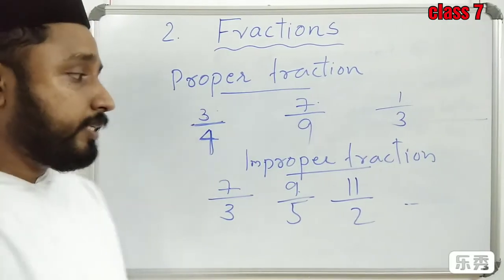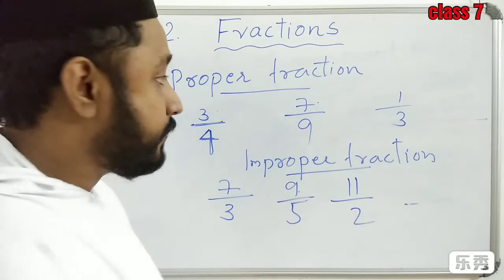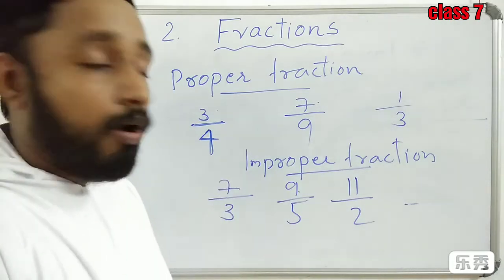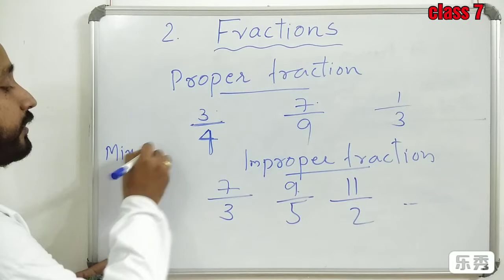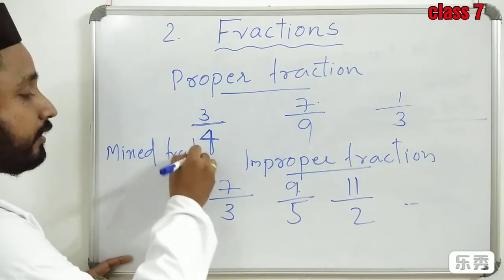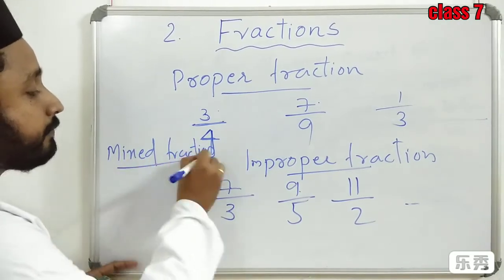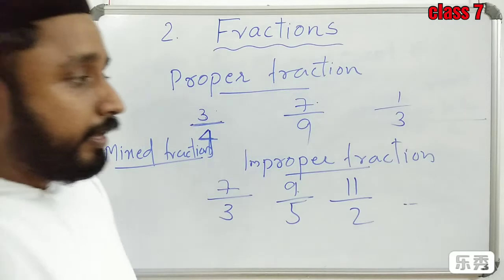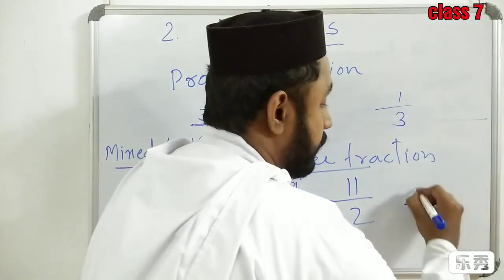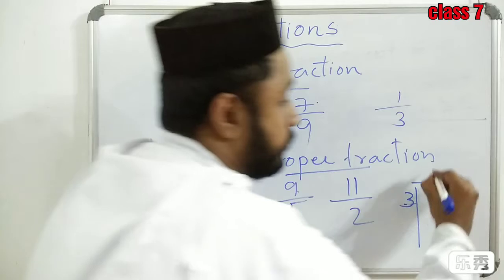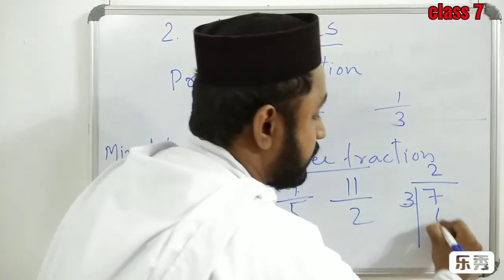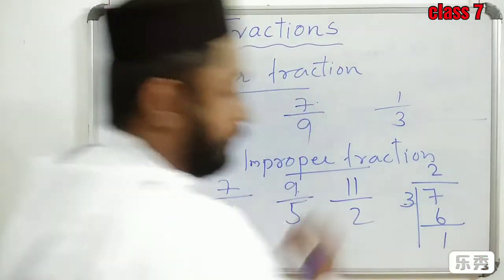These improper fractions we can change into mixed fractions. We have also studied mixed fractions. What do you mean by a mixed fraction? Take 7 by 3. How can we divide 7 by 3? 7 divided by 3, how many times? 2 times. 2 into 3 is 6, remainder 1.